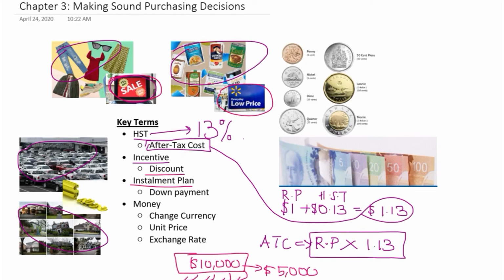So at the end of all these installments, it means that you end up paying more because of the HST that is included in each monthly installment or plan that you put down.